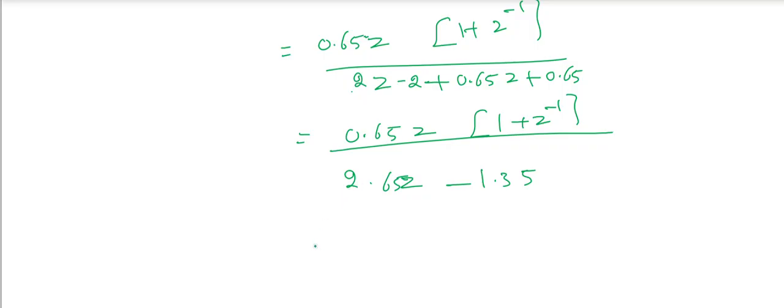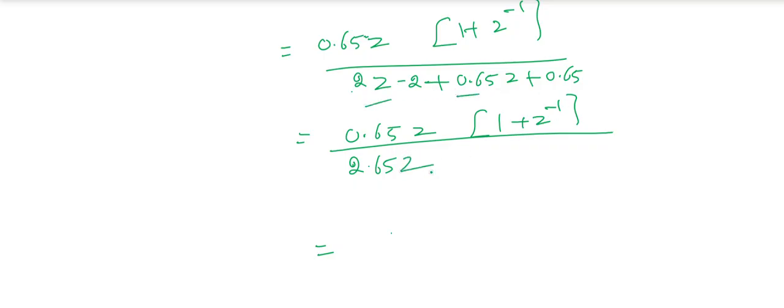The final step: 2.65z, then take common, 1 minus 0.509 z inverse. So this will be cancelled.